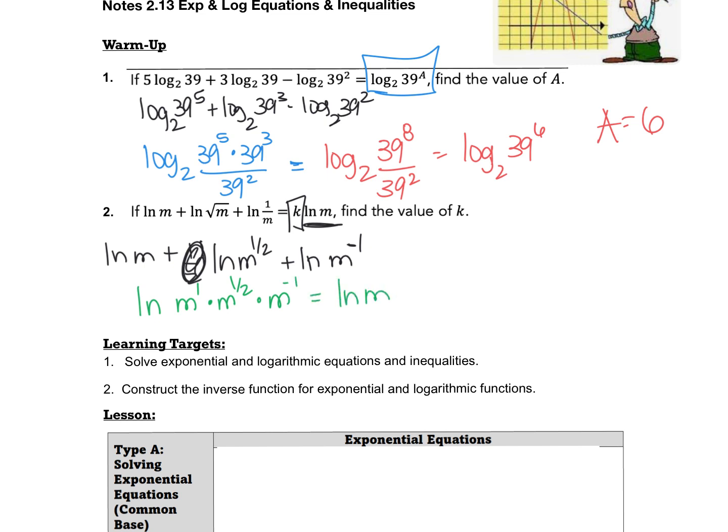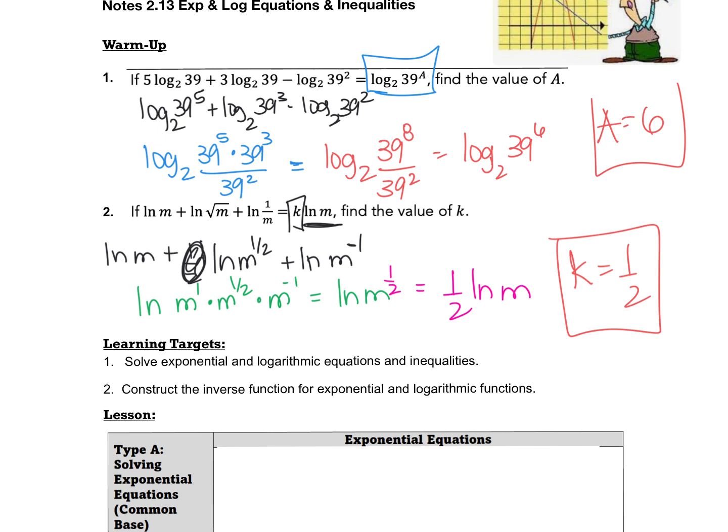All right. What am I going to do with all of those m's and their exponents? Add them all up. It's going to give me m to what power? The 1/2. So if I bring that back out as a coefficient, I have 1/2 ln of m, and so k is equal to 1/2. Okay. Just using those properties.